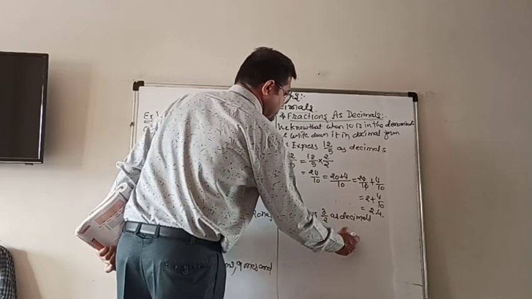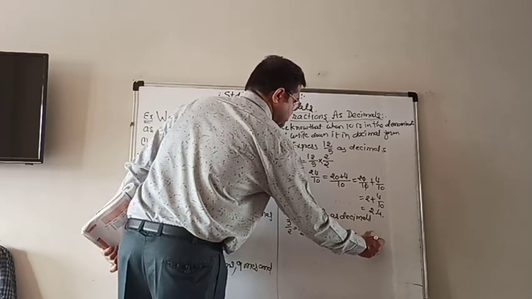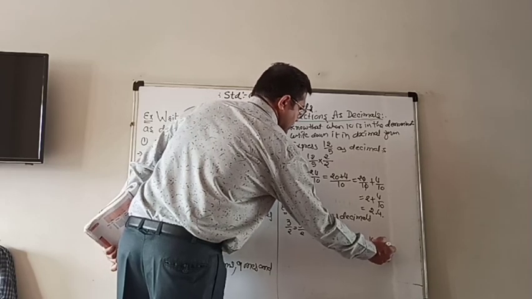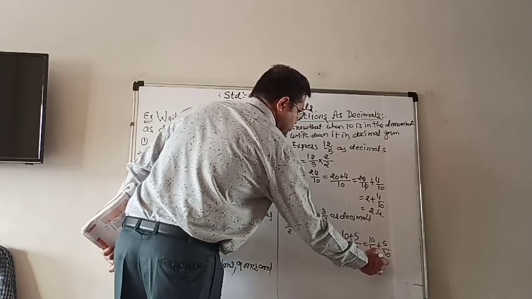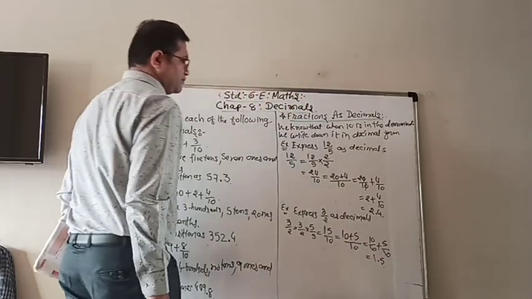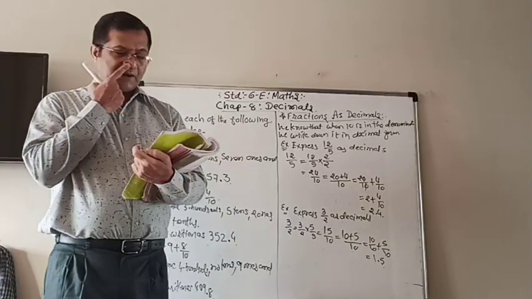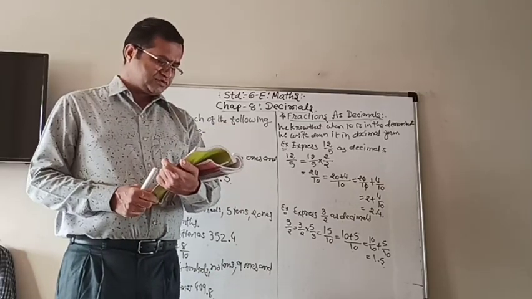And we know that 15 means 10 plus 5. So that is 10 upon 10 plus 5 upon 10. 10 upon 10 is 1 and 5 upon 10 is .5. Means 1.5. So by this way we can write them as decimals.